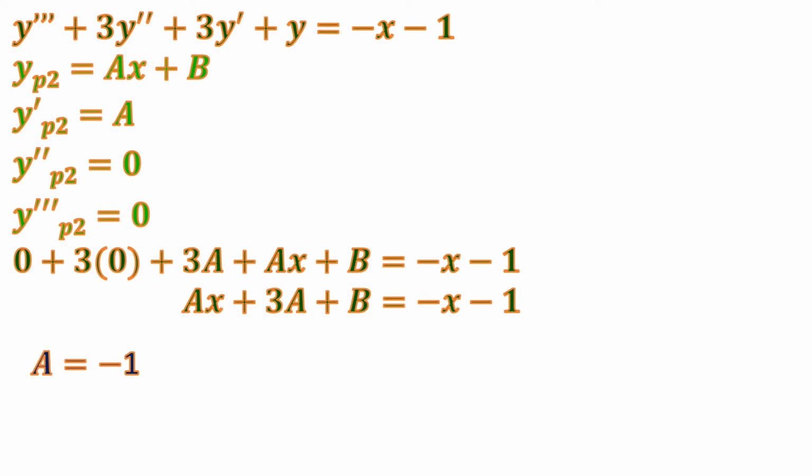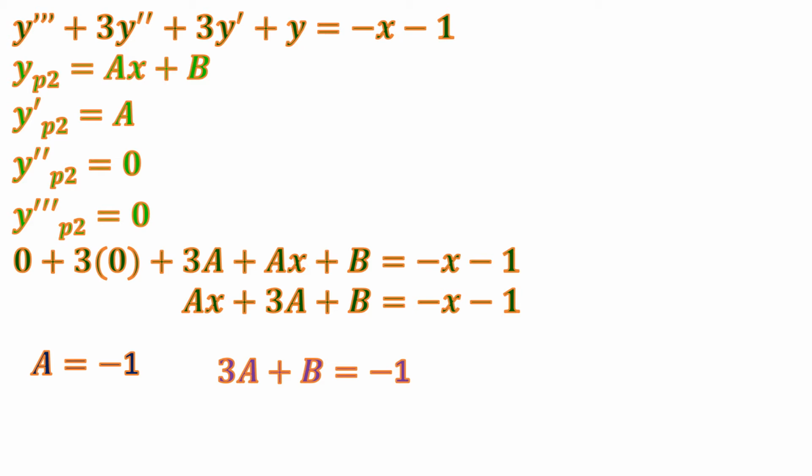So let's equate those with the same x. One with x is a, and the other side is negative 1 because it's negative x, so the coefficient of x is negative 1. It's an imaginary 1. And then those without x, the 3a plus b and the negative 1.